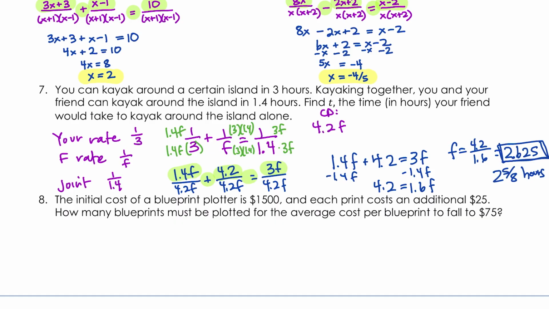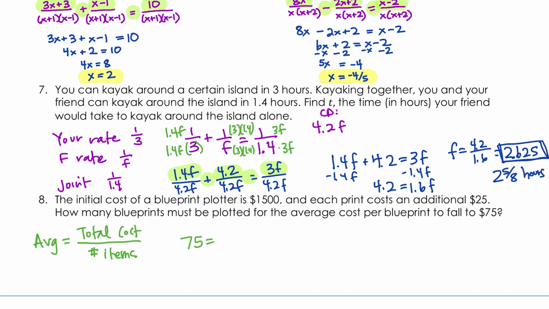Okay, so just a reminder, when we're talking about cost and average cost, the average cost is the total cost over the number of items. And of course, we're going to need an X in there. X represents the number of blueprints that we're plotting. It says we want our average cost to be $75.